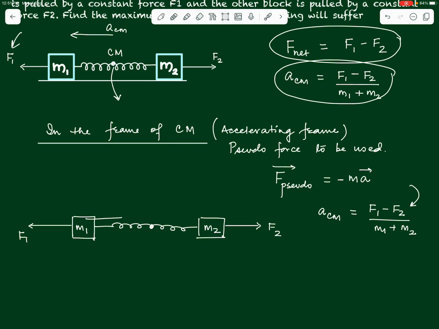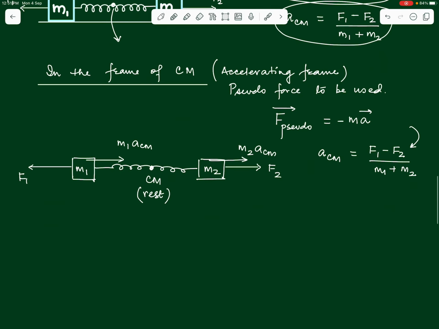So here the pseudo force acting on m1 will be the mass m1 times the acceleration of center of mass towards right, whereas on m2 also the pseudo force will be m2 into the acceleration of the center of mass. So, in the center of mass frame where the center of mass is at rest, not moving at all, these are the forces acting on the two blocks. And now we can use the same work energy theorem to get our answer for the maximum extension in the spring.